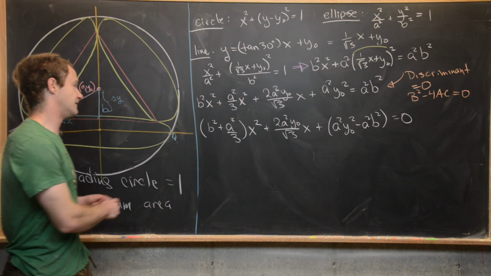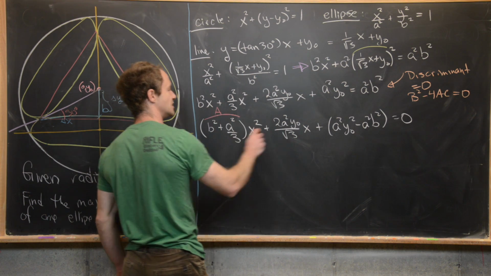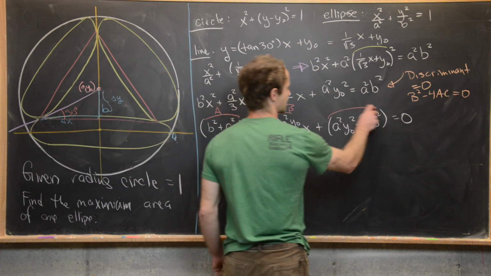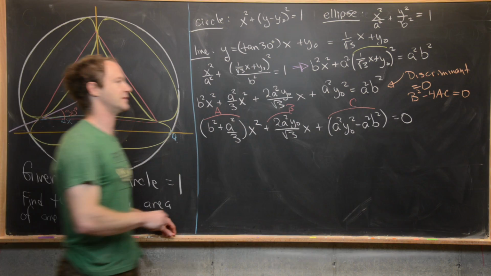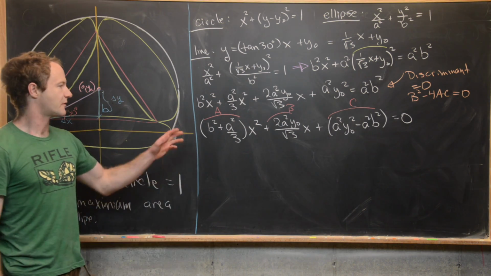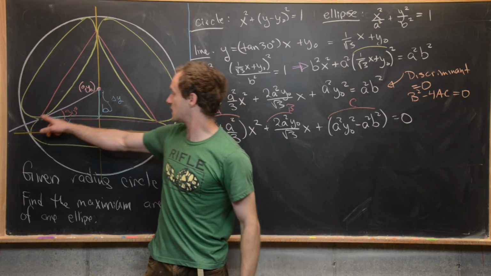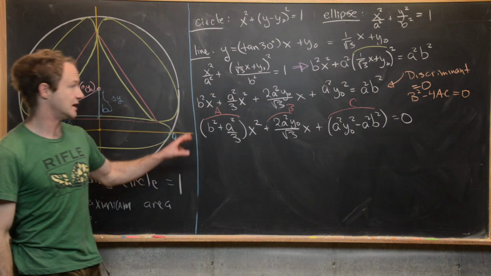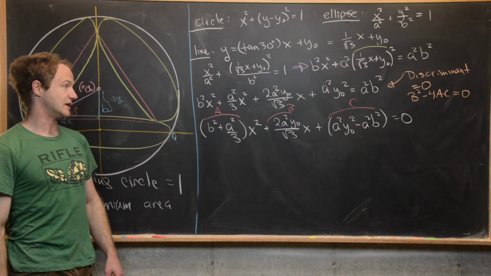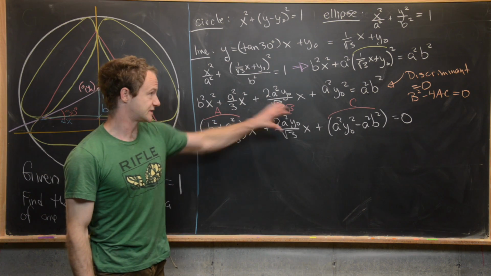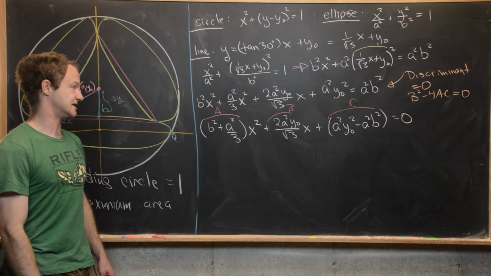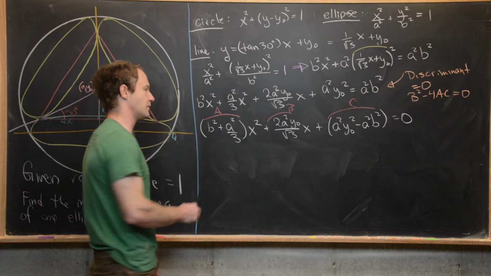So next, viewing this as a quadratic equation in x, so this is like my coefficient capital A, capital B, and capital C. From our earlier discussion where this has only one intersection point, we know that our discriminant is equal to 0. So in other words, our B squared minus 4AC is equal to 0. Okay, so we've got our capital B squared.